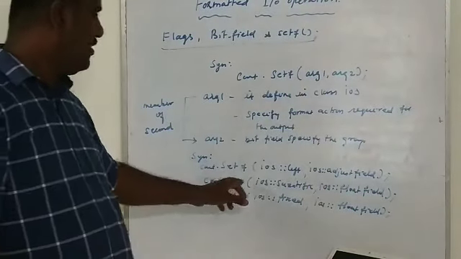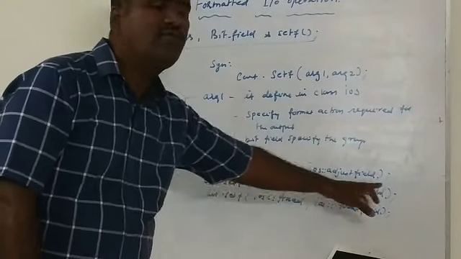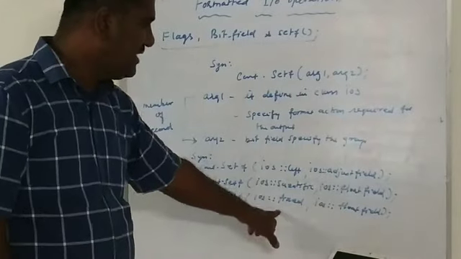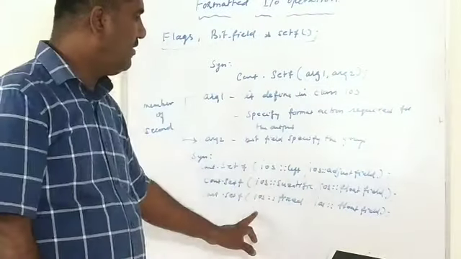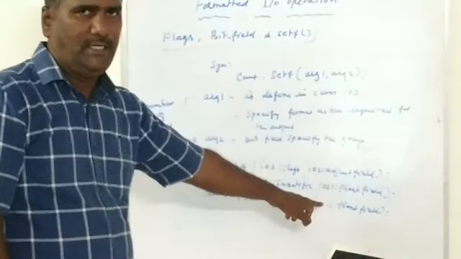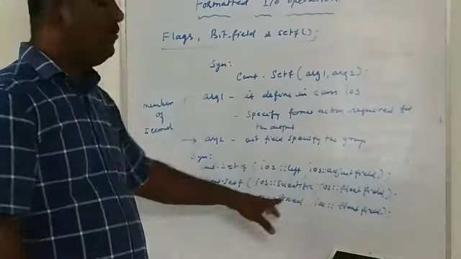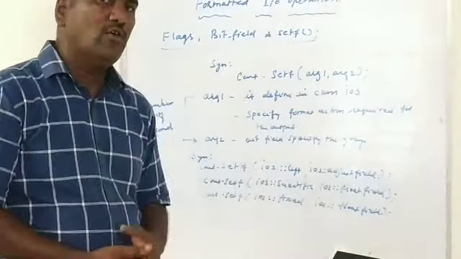Second, cout dot setf ios scientific dot ios floatfield. Here ios scientific and ios fixed are everything present in ios floatfield. So argument 1 is a member of the second argument. Suppose I want to use fixed floating point digits, at that time we use ios fixed dot ios floatfield. What is the difference?